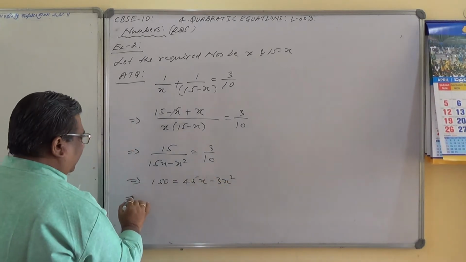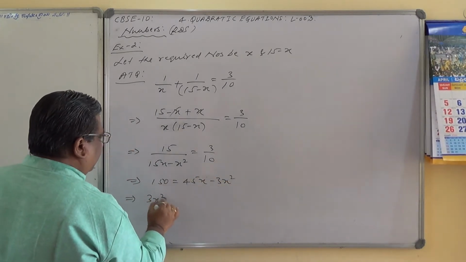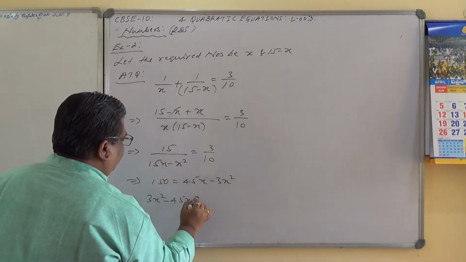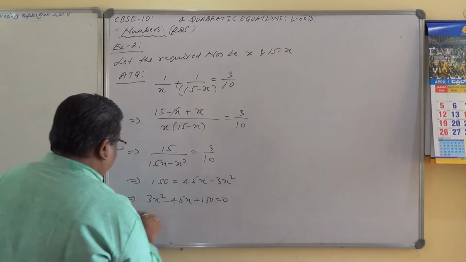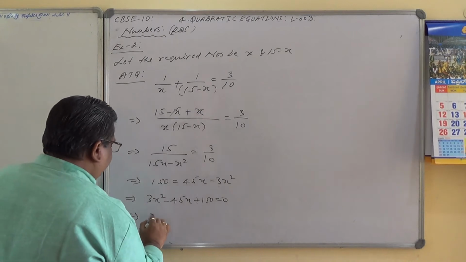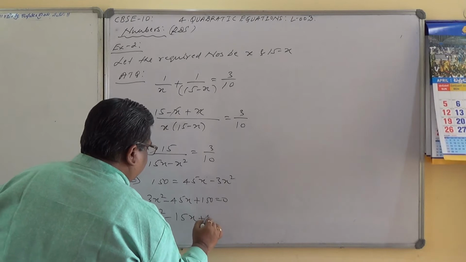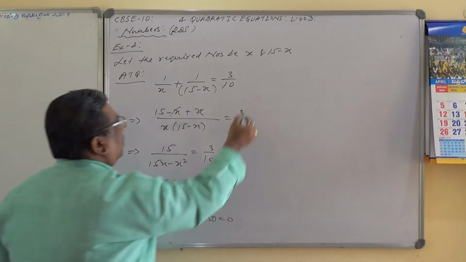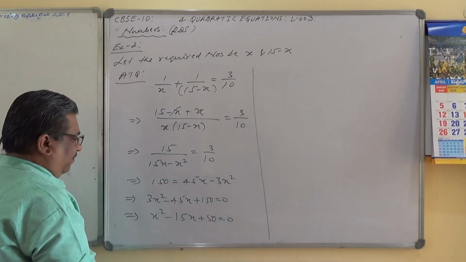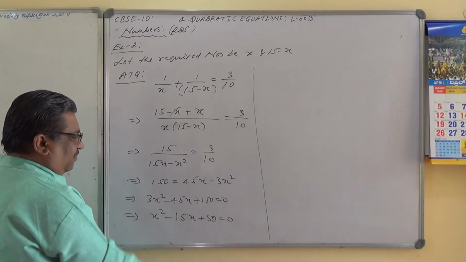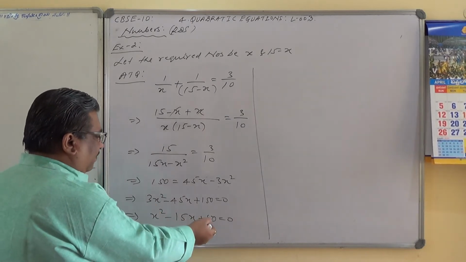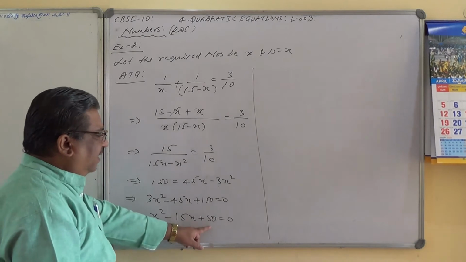Bring all this to this side. 3x square minus 45x plus 150 equals 0. Take common 3 here. x square minus 15x plus 50 equals 0. So this is what we are now getting after taking common 3: x square minus 15x plus 50. Now how do you factorize? 10 into 5 I can take.